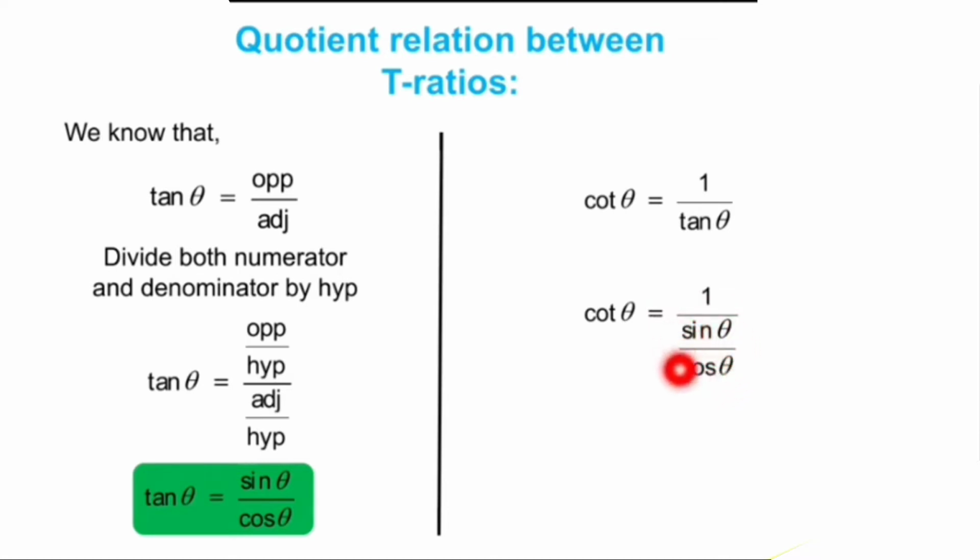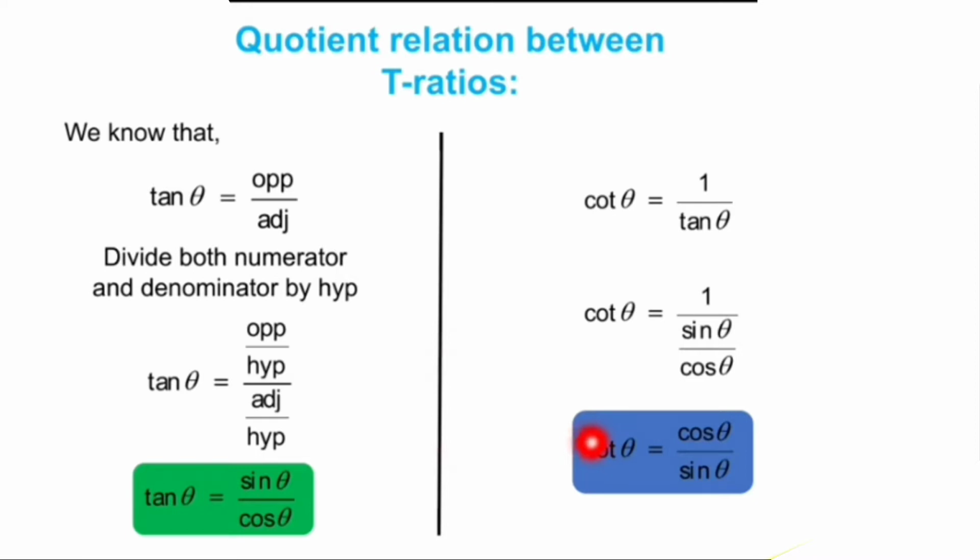Now let us take the reciprocal to it. Then we get cot theta is equal to cos theta by sine theta. Children, these two relations are called quotient relation between t ratios.